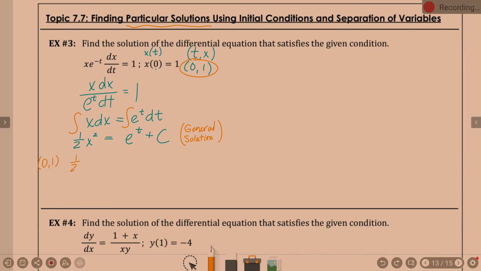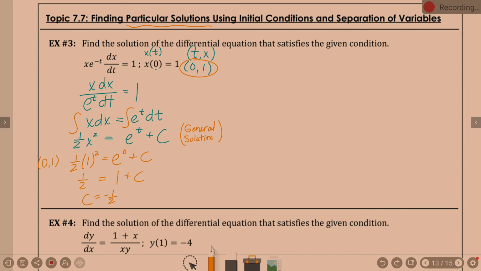So 1/2 times 1 squared equals e to the 0 plus c. 1 squared times 1/2 is 1/2. What do we know about e to the 0? Anything raised to 0 is 1. Solve for c. c is negative 1/2.